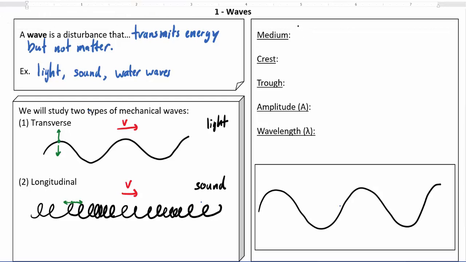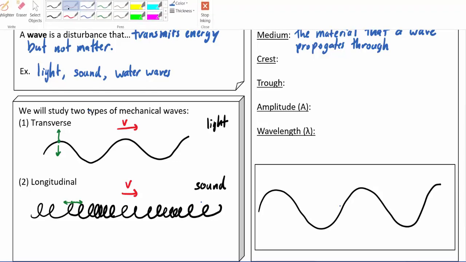And the medium is the material that a wave propagates through. So it's literally whatever the wave travels through. In the case of sound, the wave might be traveling through air. In the case of light, it might be traveling through the vacuum of space. And in the case of a string, well, then the string itself would be the medium.